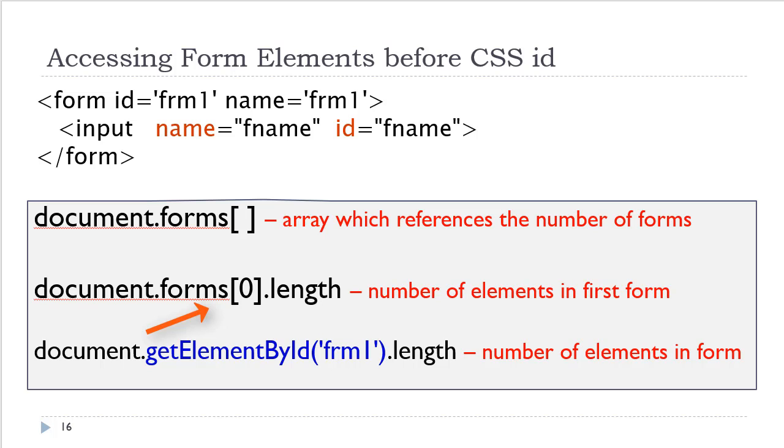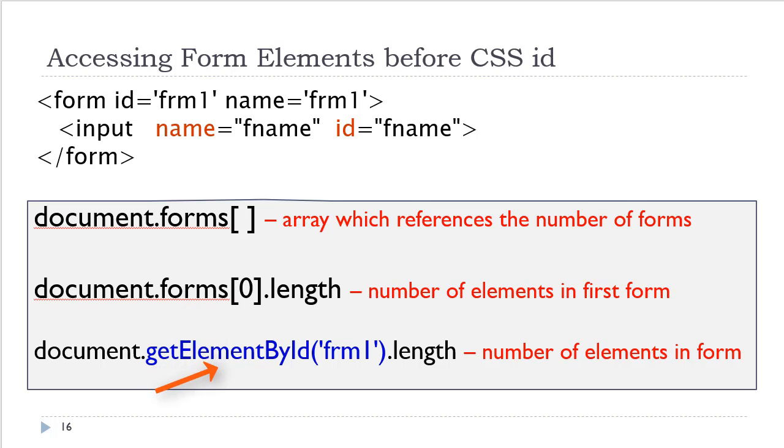Since we can access the forms using an array, if I were to code document.forms[0], that would refer to my first form, .length, which is a property, that will give me the number of elements in my form. In the early days, they would use this to loop through things.